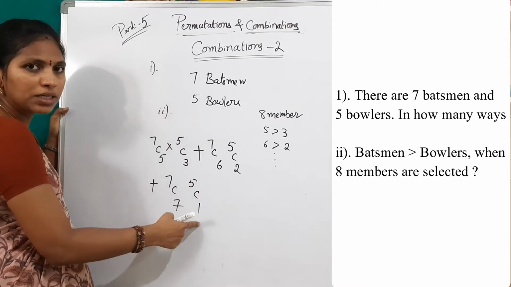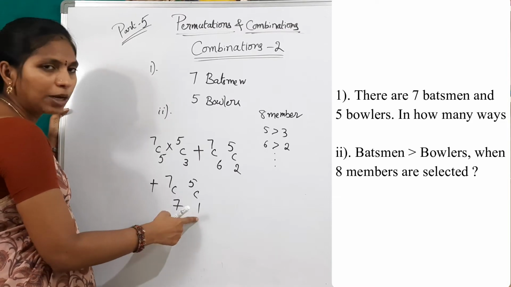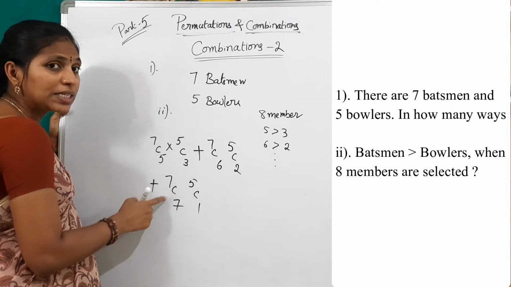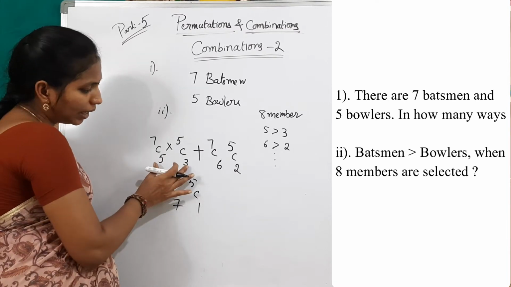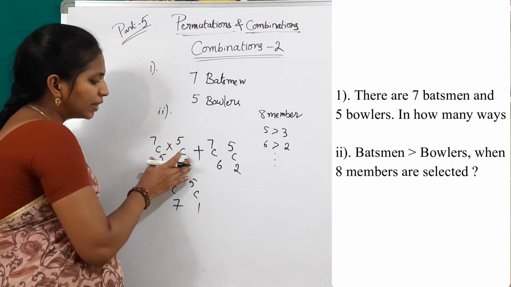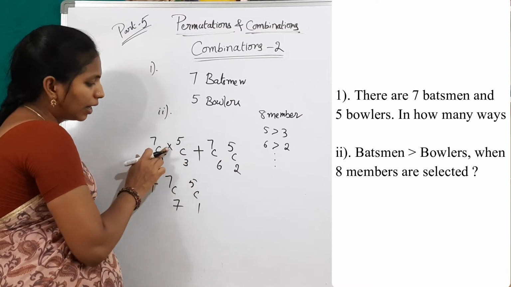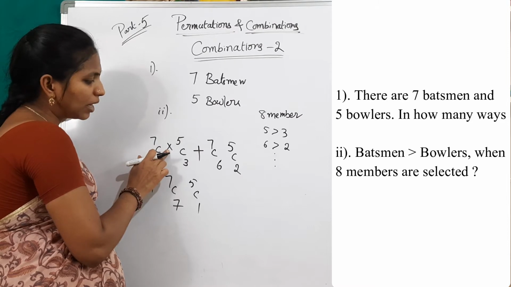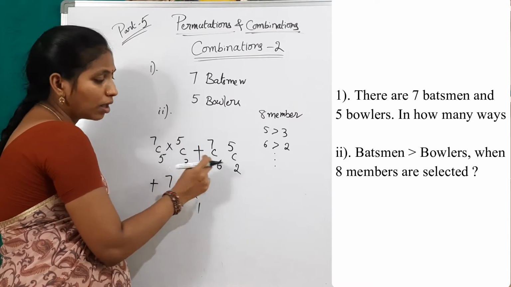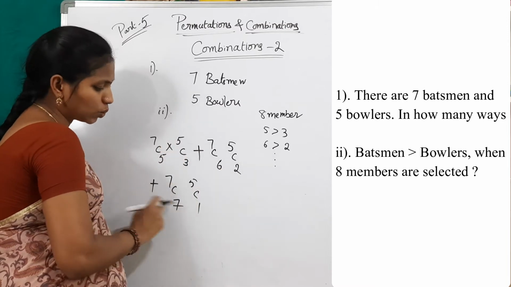Total how many members? 8 members. Then 7C8 is impossible. Here 8 members, here also 8 members, here also 8 members. This is an AND operation, so multiplication. This one or plus this one or this one.